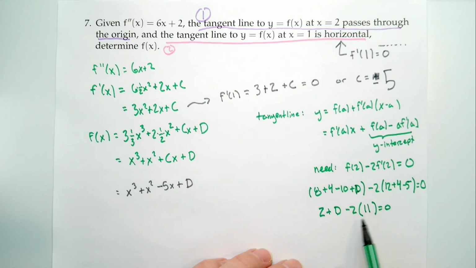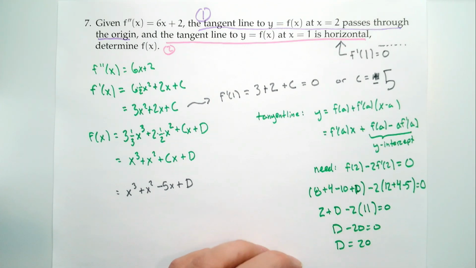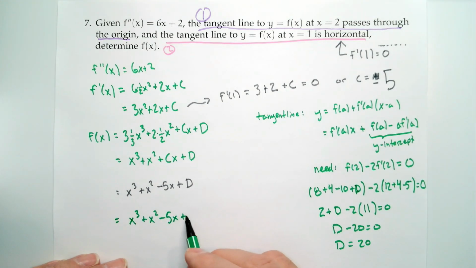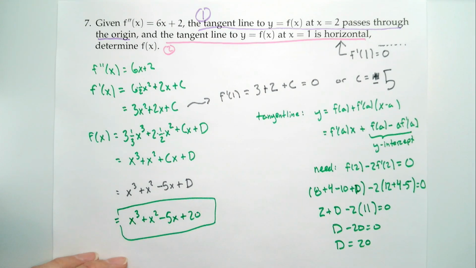So that's minus 22 plus 2, so we get d minus 20 equals 0, or d equals 20. So we end up with x cubed plus x squared minus 5x plus 20. And that's our function. That's the one we were looking for.